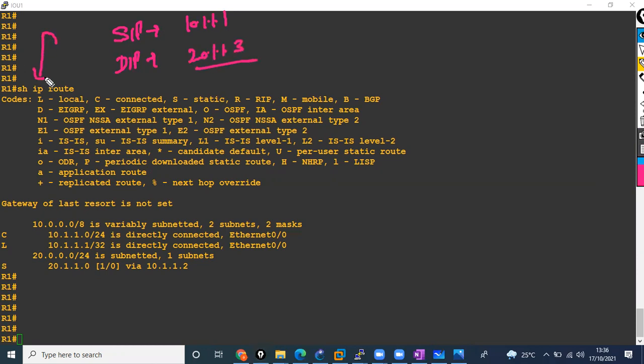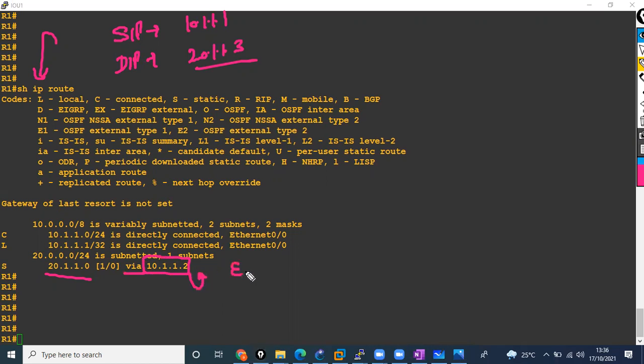Then the router will check in its routing table: do we have any routes for that? Yes, there is. 20.1.1.3, how to reach? Reach via 10.1.1.2.